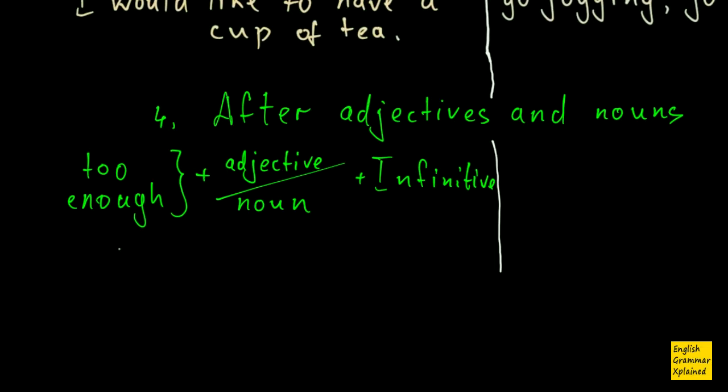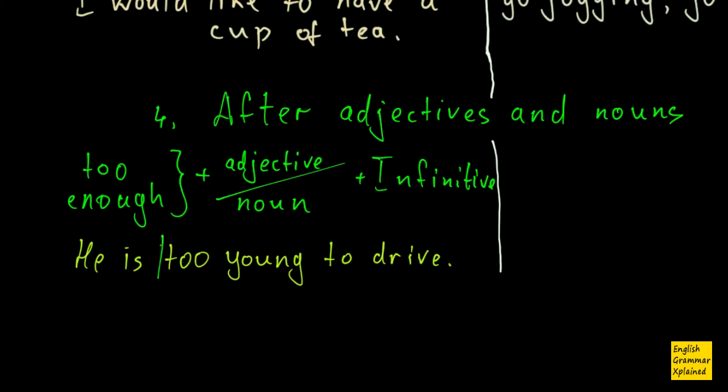Let me take some example. He is too young to drive. So, what do we have here? We have "too", then we have an adjective, and then I have my infinitive. That's it.